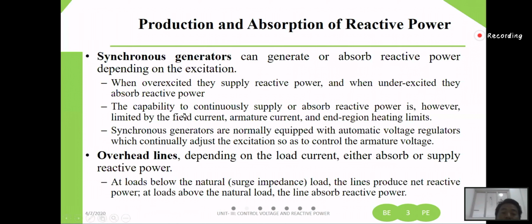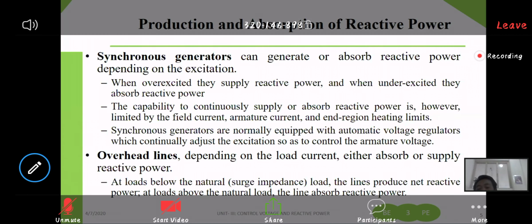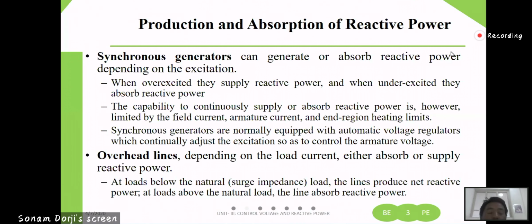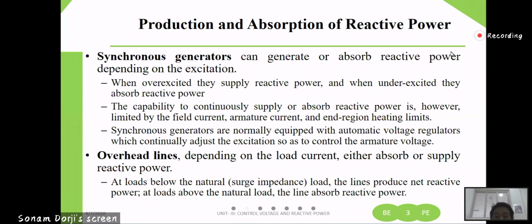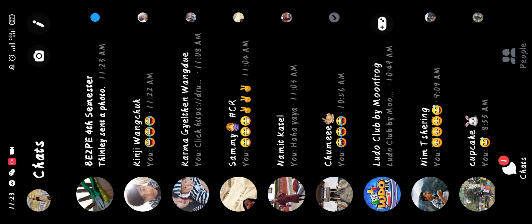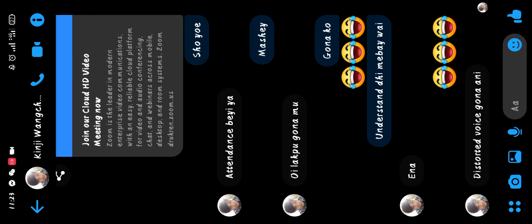Nowadays, synchronous generators are normally equipped with an automatic voltage regulator, AVR, which will continuously adjust the excitation so as to control the armature voltage. Earlier there was no AVR system, but nowadays there is.